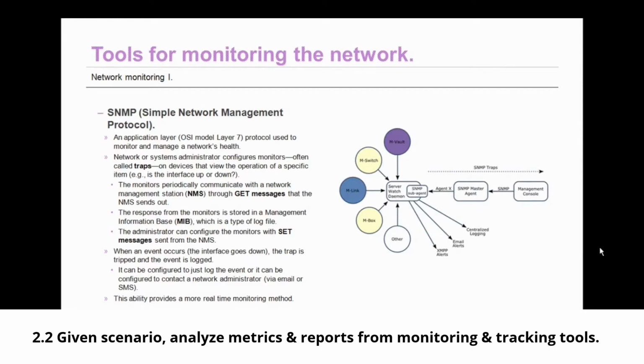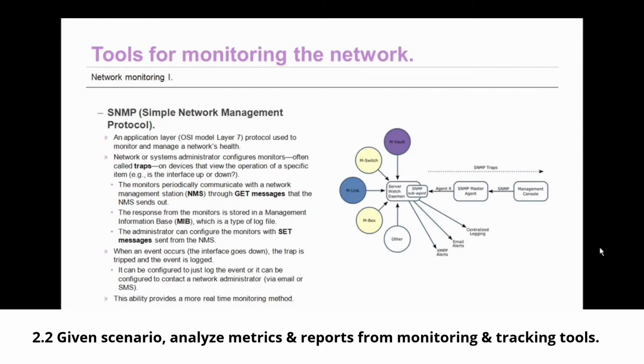The monitors periodically communicate with a network management station, or NMS, through GET messages, that's GET messages, that the NMS sends out. The response from the monitors is stored in a management information base, or MIB, which is a type of log file. The administrator can custom configure the monitors with set messages sent from the network management station.